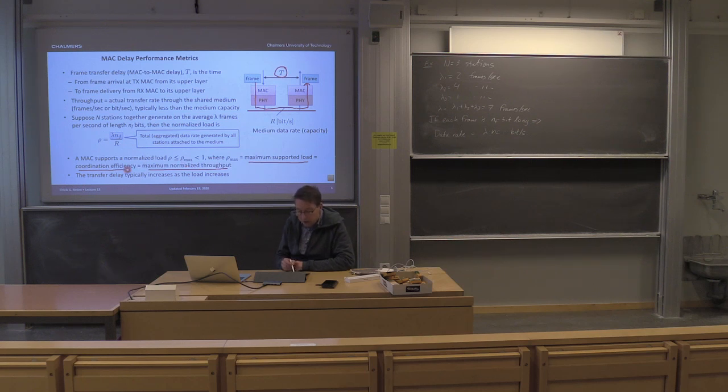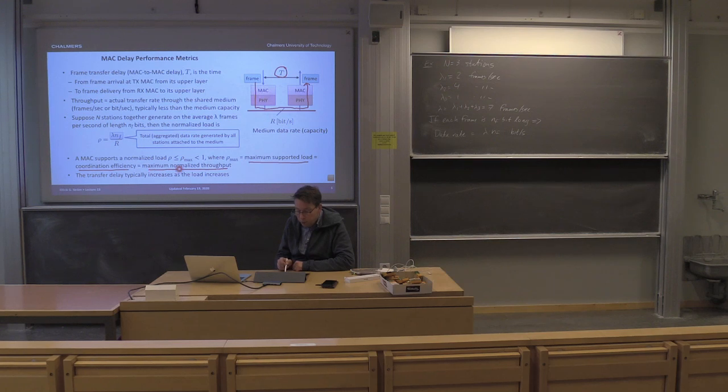Now, coordination efficiency comes a little bit from this ratio between the data rate that we would like to transmit divided by the data rate we have available. So if rho max is close to 1, then the MAC scheme is a very efficient use of the medium.